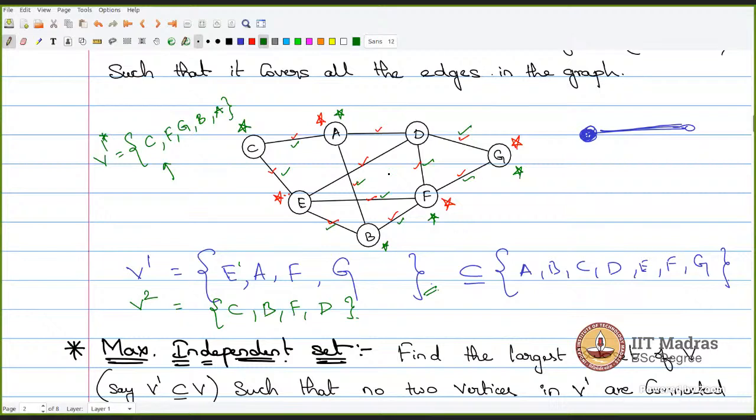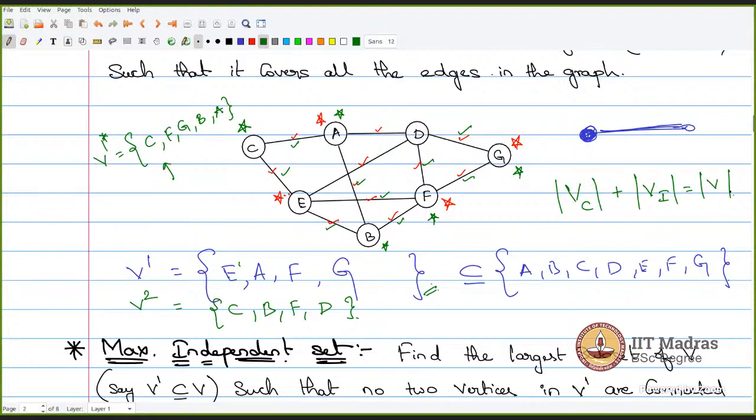So the connection between the maximum independent set and vertex cover is, if I have vertex cover set as VC, the cardinality of VC plus the cardinality of VI will be equal to the total number of vertices in the graph. So the minimum vertex cover is 3 in a 7 vertices graph, then the maximum independent set will be 4.